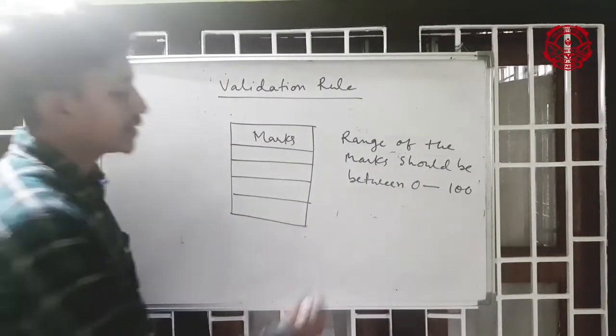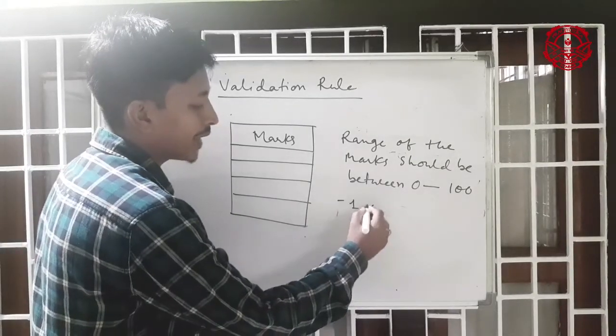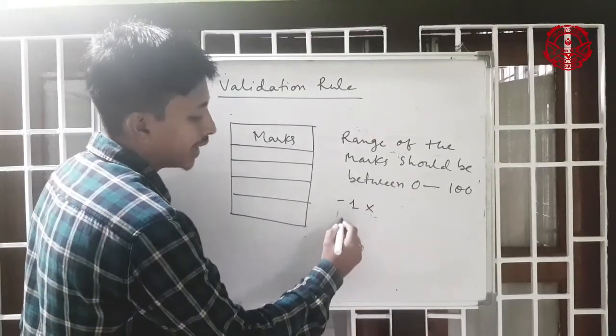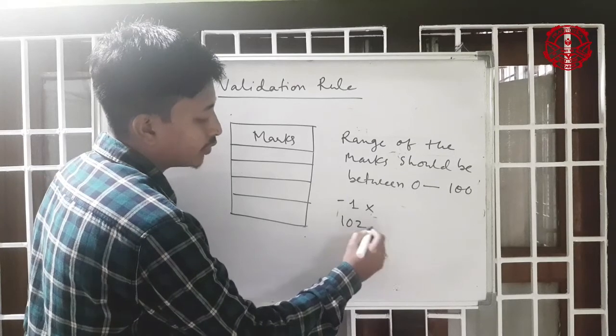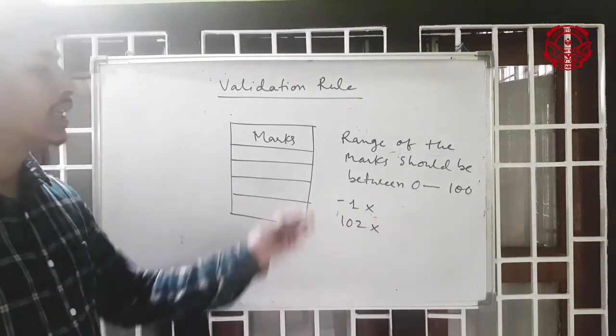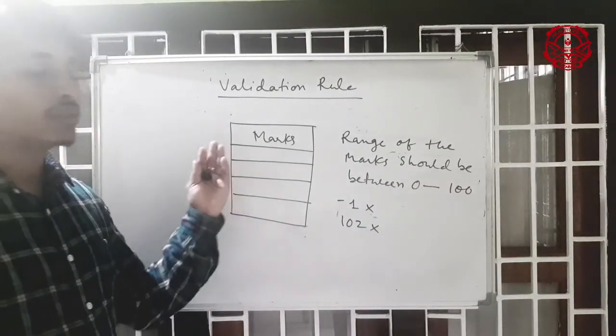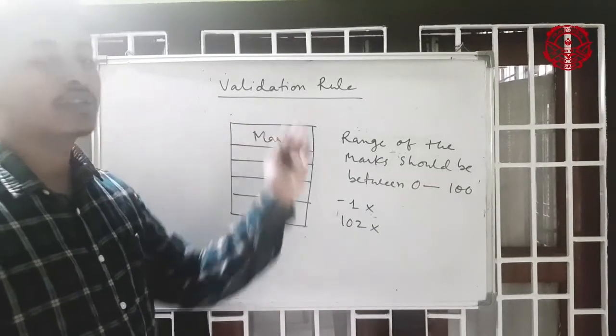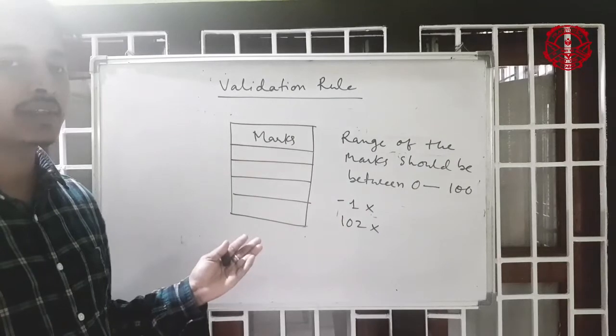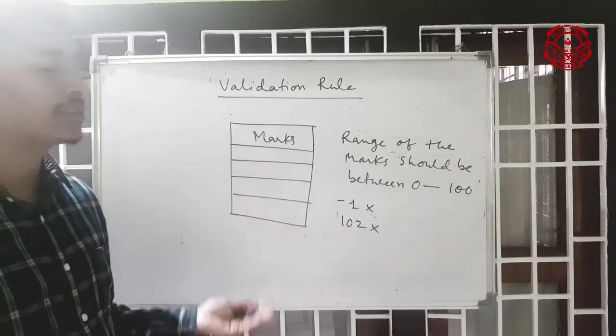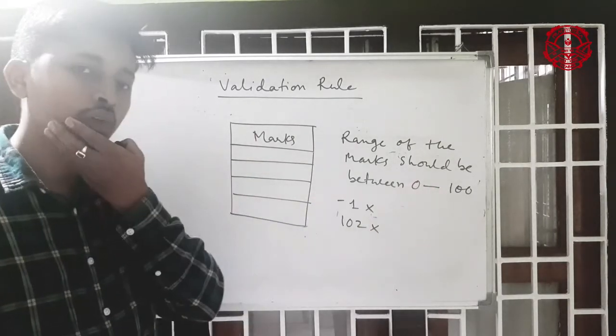If the marks is -1, it is not acceptable. If the marks is greater than 100, let's say 102, it is not accepted because the range should be between 0 to 100. So in this way, you can create validation rules for each field.